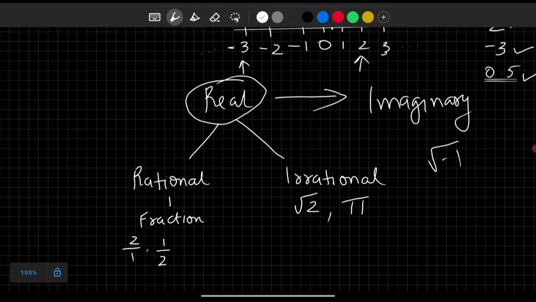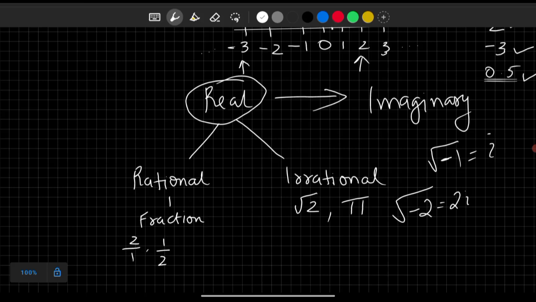We know that we cannot actually have the square root of a negative number, because if you square any negative number, the result is always positive. So what will be the square root of a negative number? These kinds of numbers are known as imaginary numbers, and this is represented by i. So if I say what is root over -2, we can say it is root 2 times i, because root over -1 is represented as i. We will come to that in a different video, but here our main focus was on real numbers.